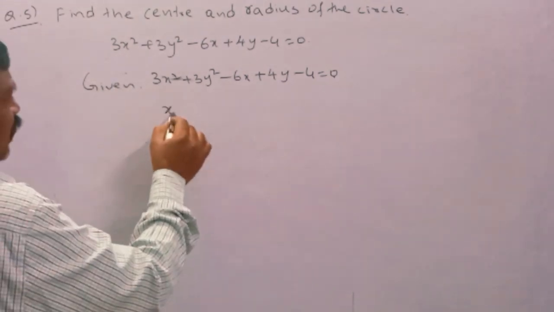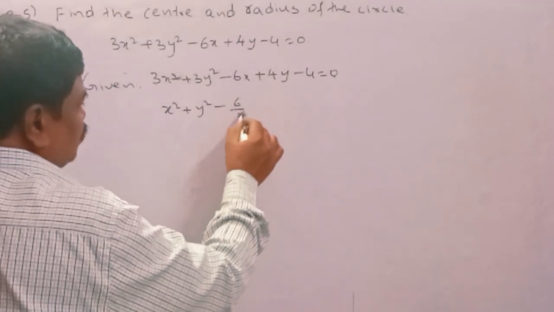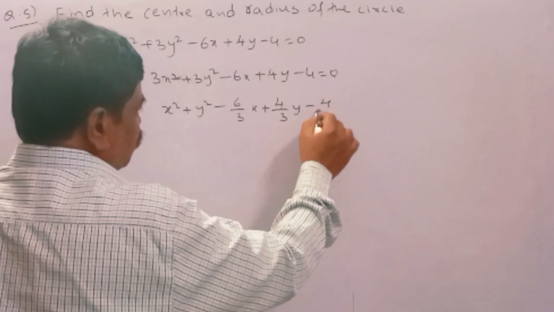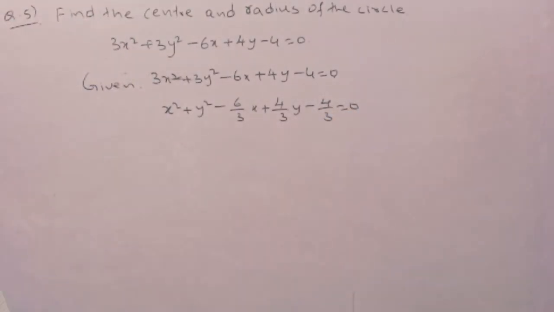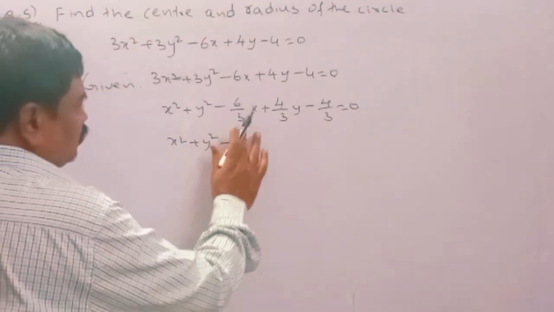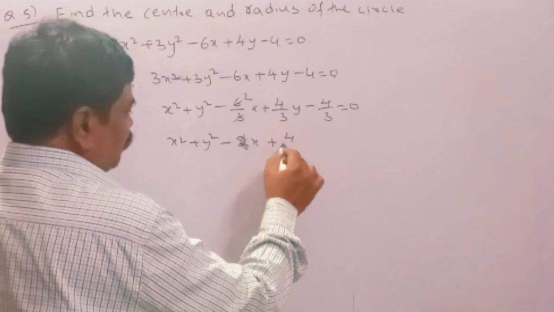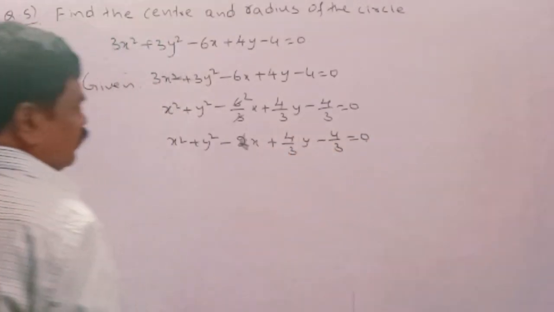So this can be written as x square plus y square minus 6 by 3x plus 4 by 3y minus 4 by 3 equal to 0. Okay. So x square plus y square minus 2x plus 4 by 3y minus 4 by 3 equal to 0.